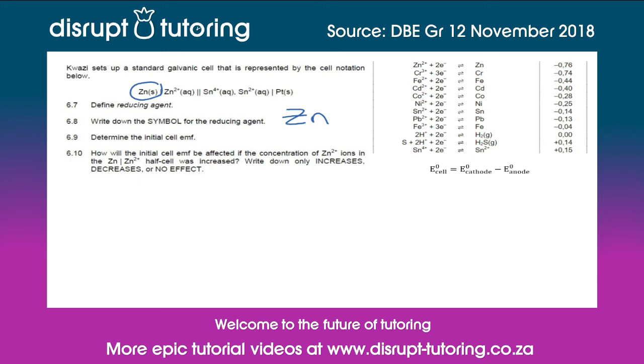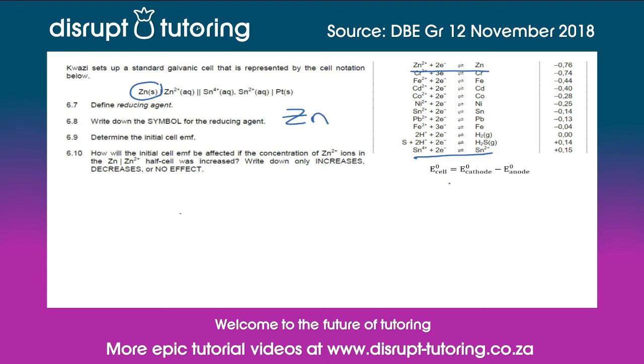So for the cathode, we need to use the potential for the reduction half reaction because reduction occurs at the cathode, and for the anode potential, we need to use the potential for the oxidation half reaction. So we can find those two. Here is the equation that takes place at the cathode, and here is the one that takes place at the anode. So we can now write down this equation.